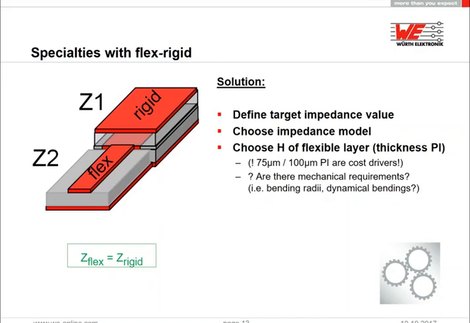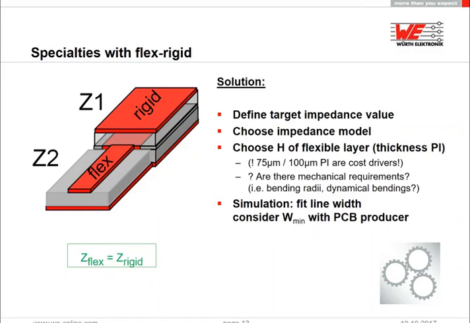At the same time, we have to ask whether there are mechanical requirements like bending, small bending radii, or even dynamical bendings. So this has to be taken into consideration. Then we can simulate to fit the line width.